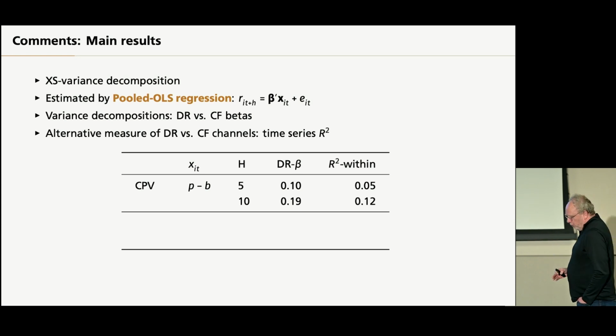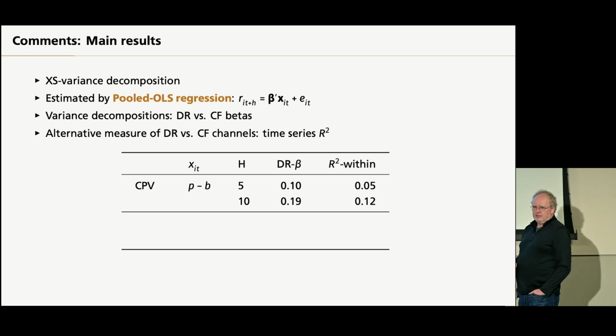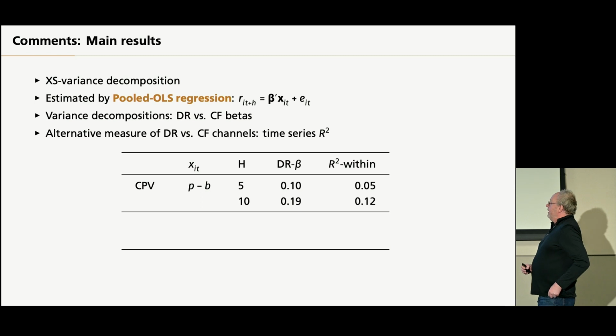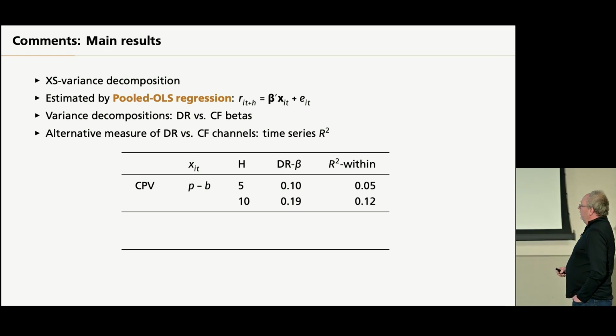Of course, there are different ways to measure the importance of cash flow and discount rate news. For example, R squares might also be interesting. Is it just a different way to think about the importance of those two channels? This is just one example from the paper. If you do this, on the right-hand side, you use the price-to-book ratio.